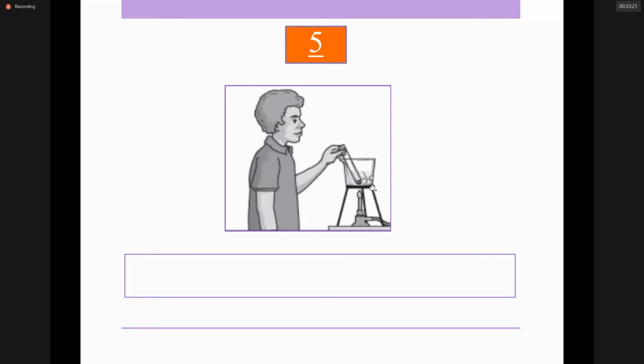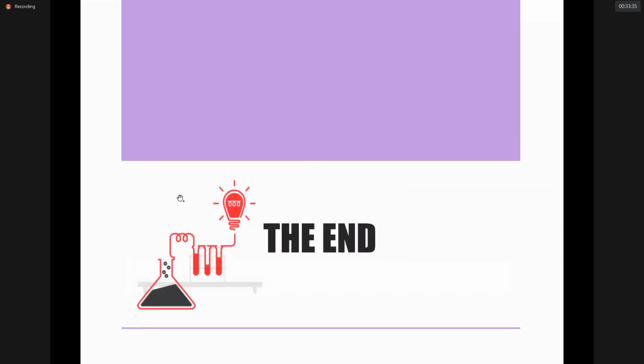Broken beaker. This is the number 1 thing that we do in the lab. We check our equipment and our glassware before we start. ممتاز. So this is the exercise.